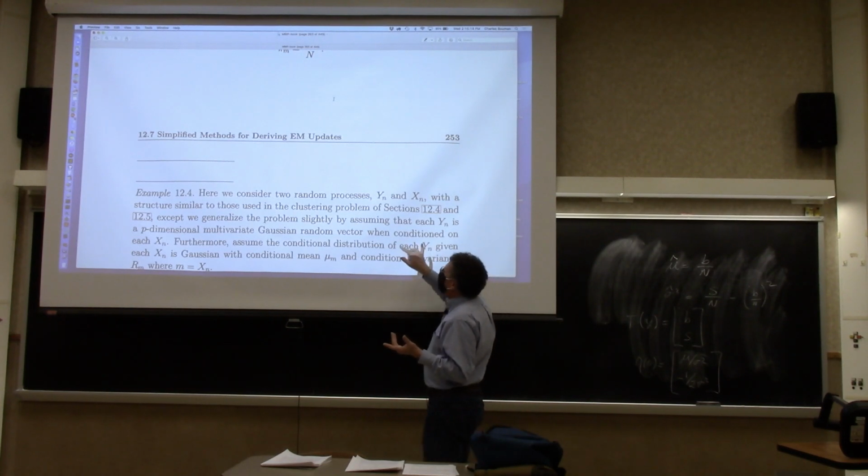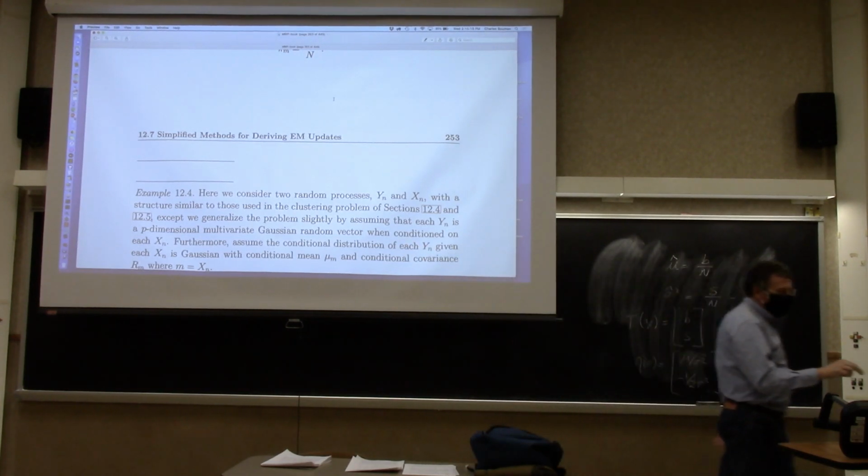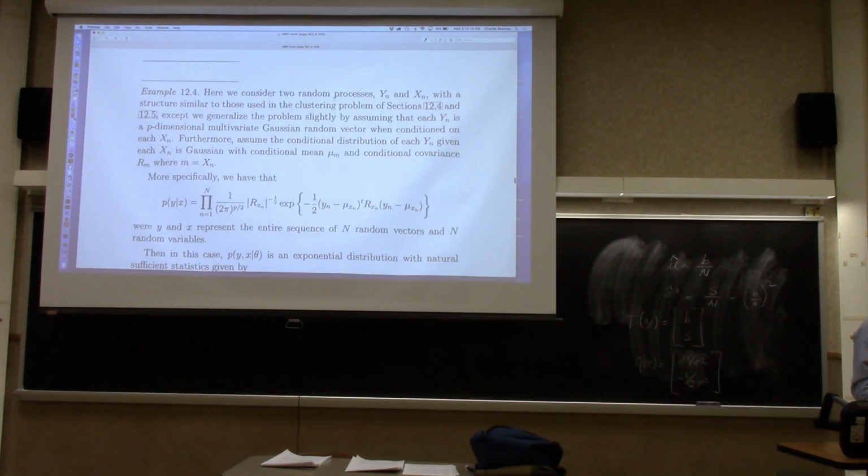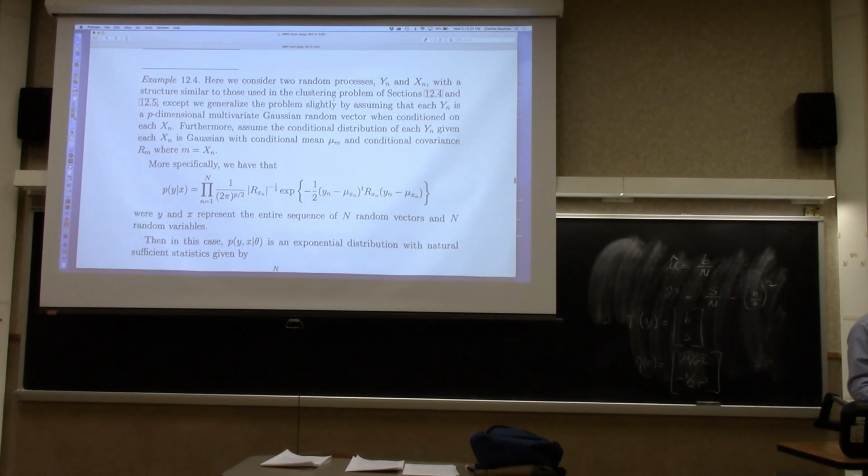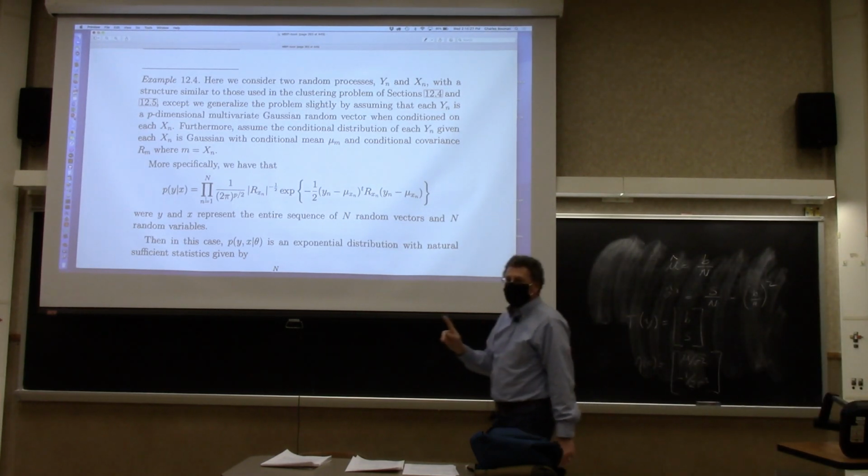So now what will happen in this case is that the x's are independent, identically distributed, so you're good there. But the y's are a little more complicated. The y's are conditionally independent given the x's.